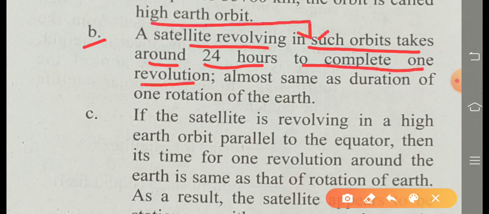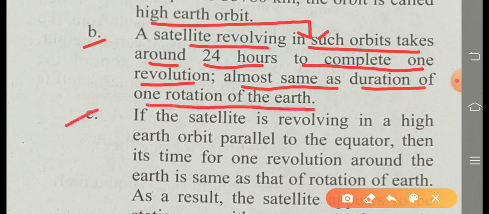It takes around 24 hours to complete one revolution, almost the same as the duration of one rotation of the Earth. So Earth also requires 24 hours. Earth's rotation period is 24 hours. Clear?